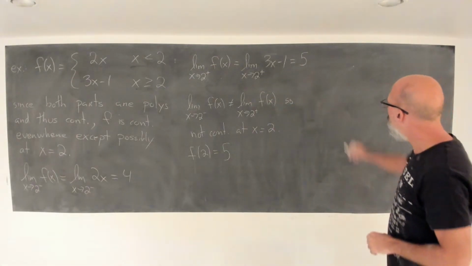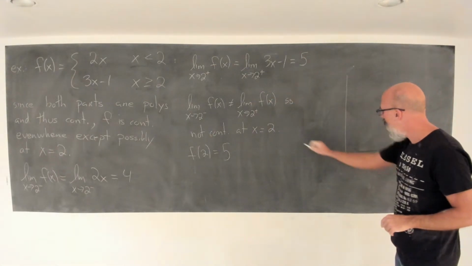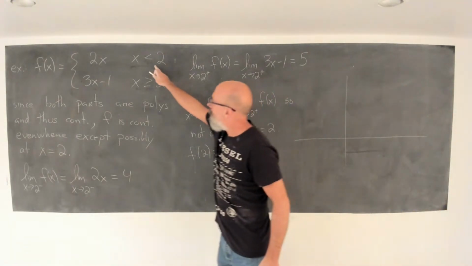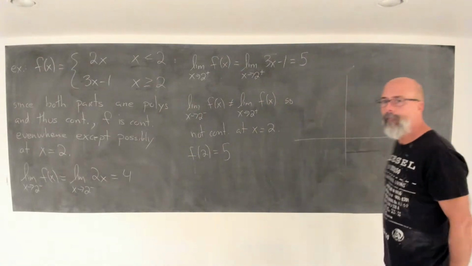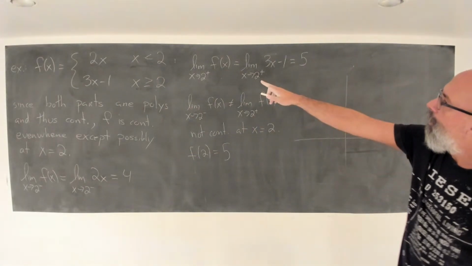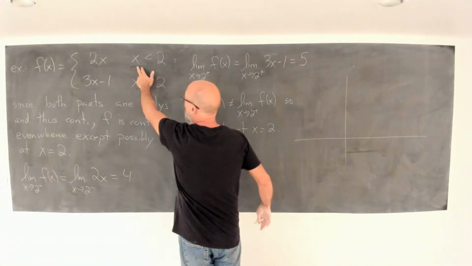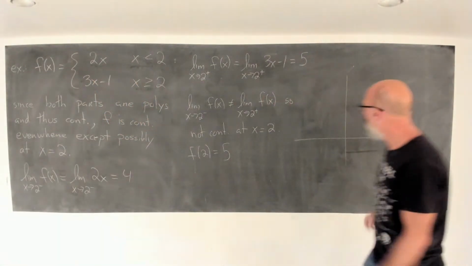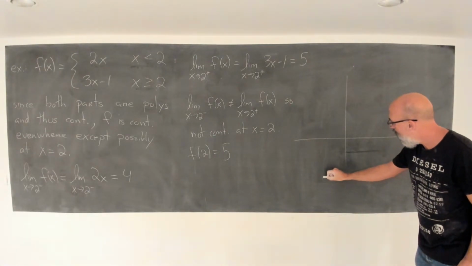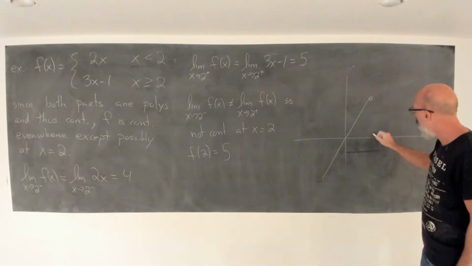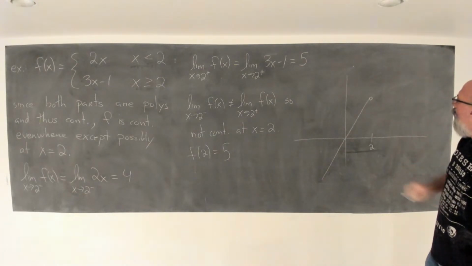Why don't we take a moment to graph this and understand what happens? Because these are just two straight lines, so you know how to graph these. This is the line y equals 2x from negative infinity all the way to 2, going through the origin, stopping at 2.